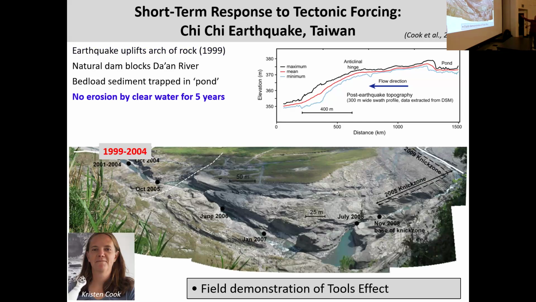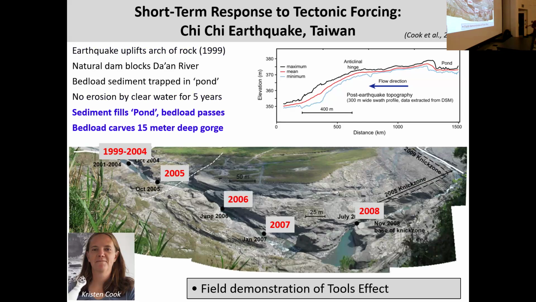And then after it filled, so the flow is going from right to left in this image. And once the bed load started to pass through and go downstream, it cut this gorge. And there's up to 15 meters of incision over several years as the incision marched headward up this channel. So this is a really dramatic demonstration of the tools effect and the importance of bed load.